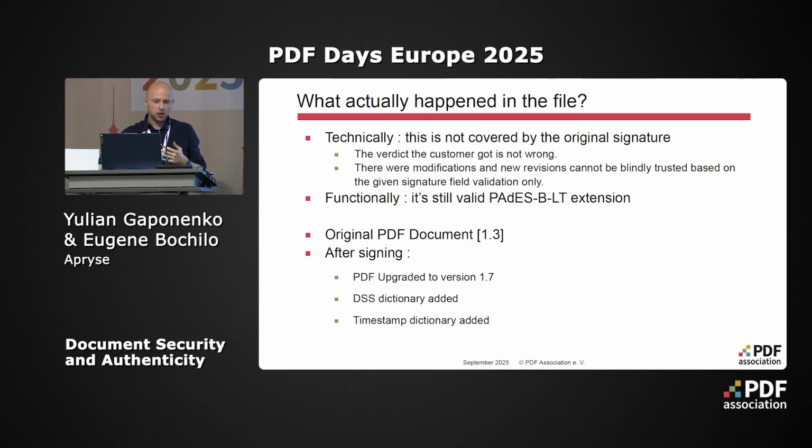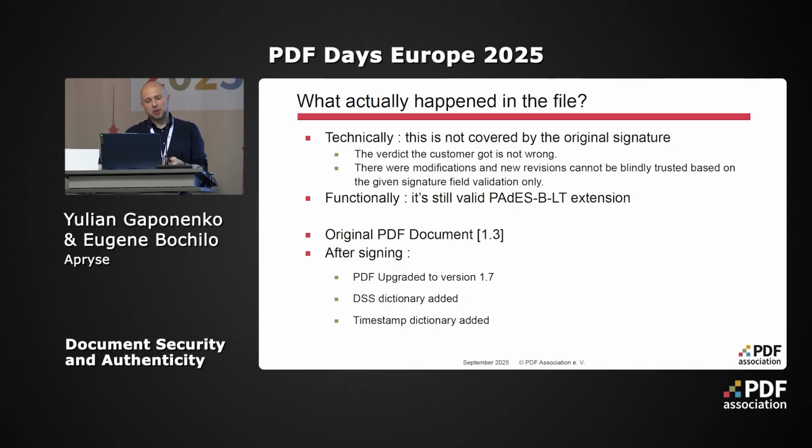However, if we learn a little bit more about how the signatures are structured in the document, you can learn that in the specification there is actually an allowed set of changes. We've discussed today some scenarios about such changes.